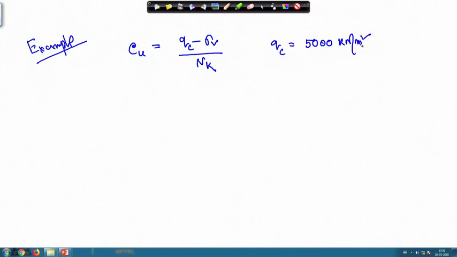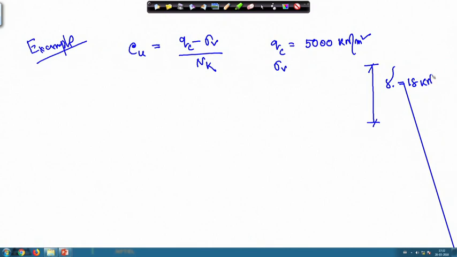If in a particular test the qc value is given as 5000 kilonewton per meter square, and sigma v we have to calculate. Suppose the unit weight of the soil is 18 kilonewton per meter cube, and we have a depth of say 5 meter.